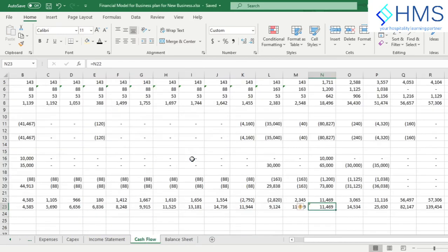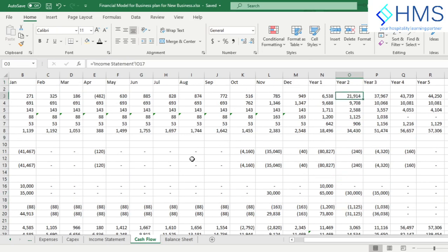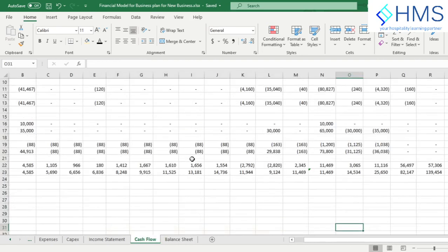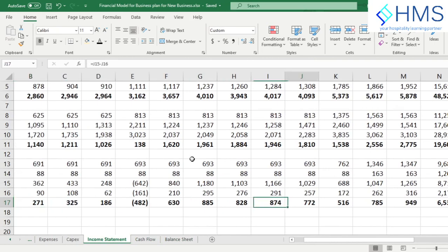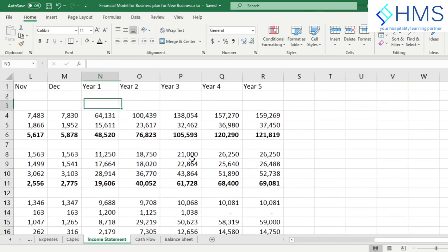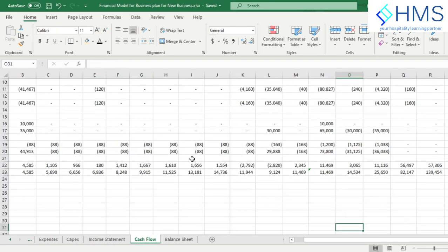So we find out the reason why it's not getting tallied. Let's see what the difference is. Or are we wrong in our profit and loss statement? Hmm, no. So it's most likely the cash flow that is impacting us.